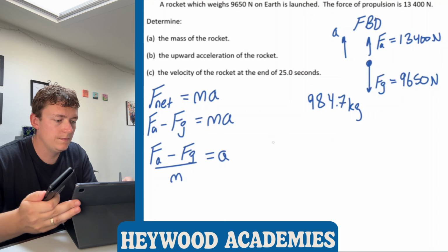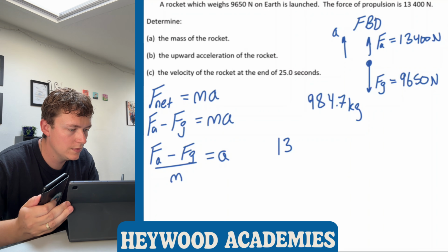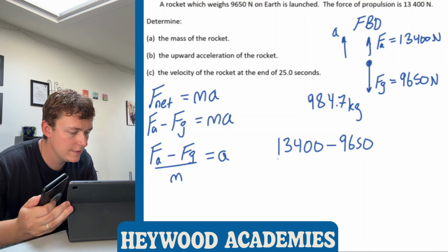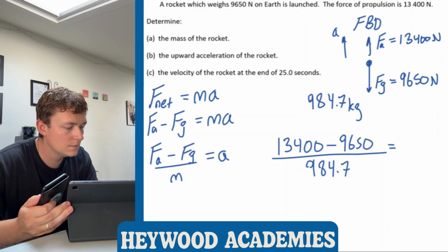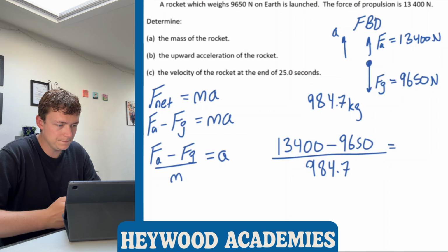Okay, and then let me write up my numbers here as well. Do 13400 minus 9650 over the mass of 984.7. That's going to give us our acceleration.